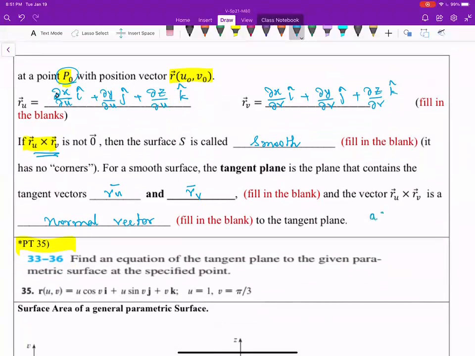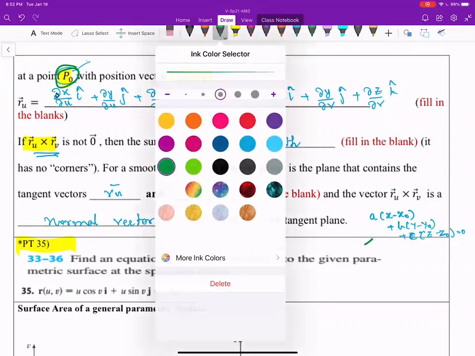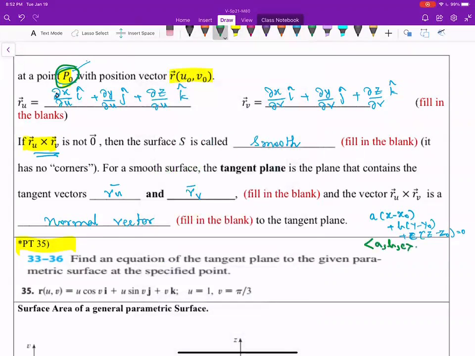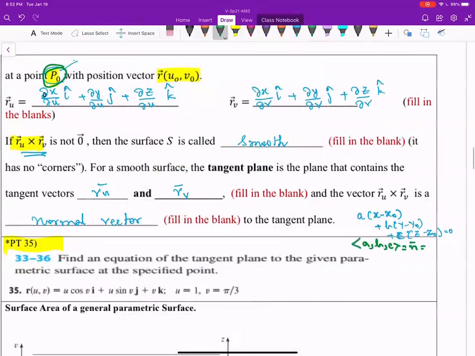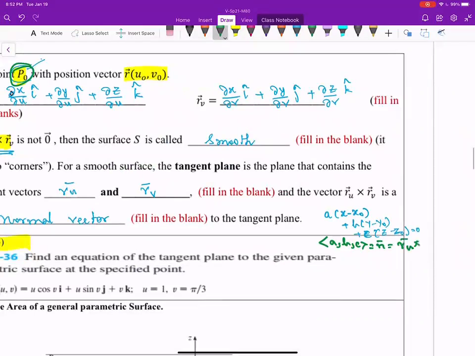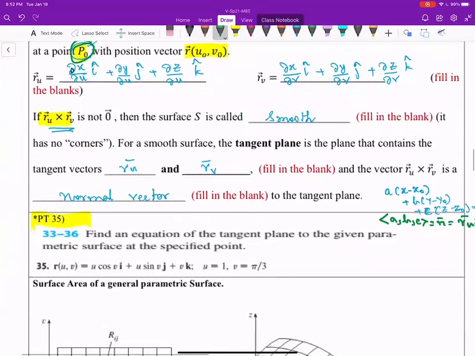You can find the equation in the form a times x minus x0, plus b times y minus y0, plus c times z minus z0 equal to 0. x0, y0, z0 come from the point P0 that you got here. And a, b, c are the components of the normal vector, the components of r u cross r v. Then it becomes easy to write down the equation of the tangent plane.